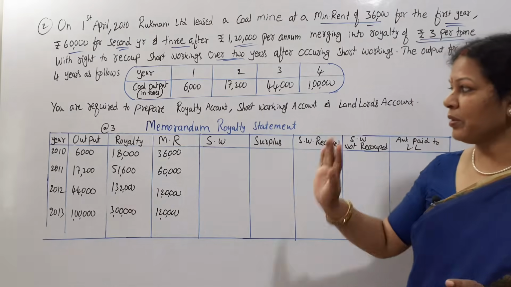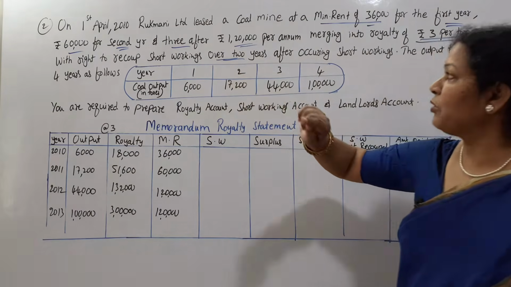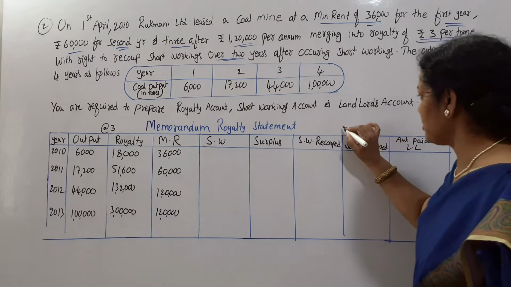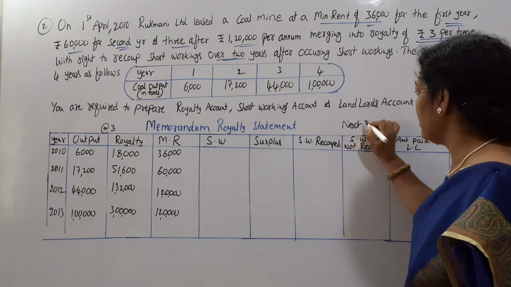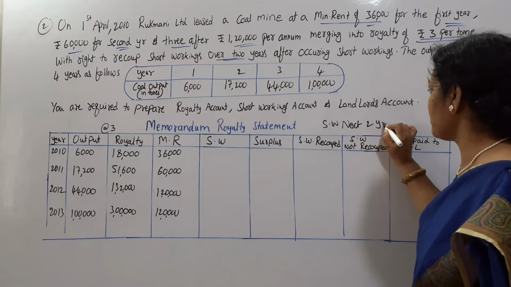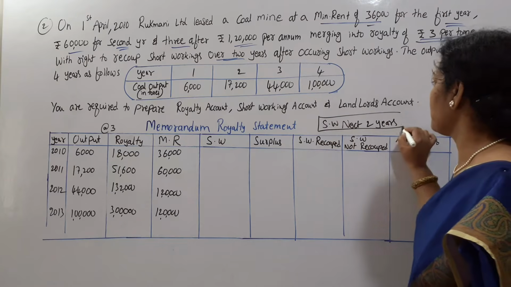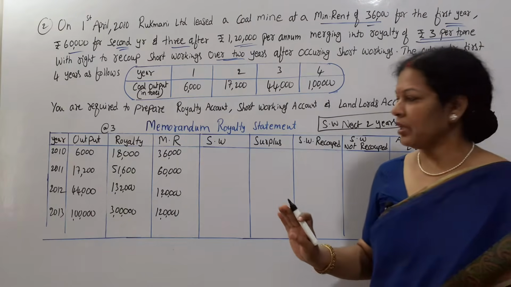Now let's work out the problem. Short workings recoupment is over 2 years, so I will write here that short workings we have to recoup in the next 2 years. Just remember this.